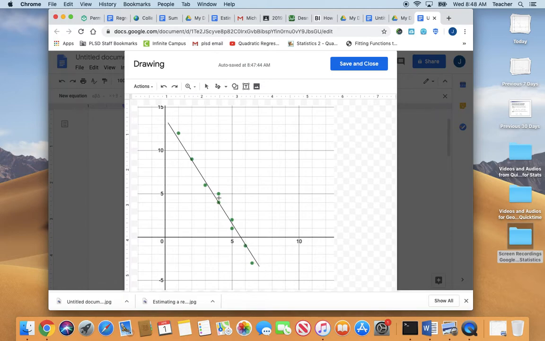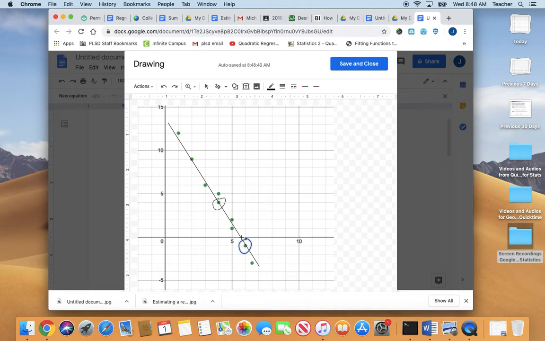So for example, this point. This happens to be a point that's also on the scatter plot, but it doesn't have to be. That point is easy to find the coordinates of: 4, 4. And it looks like the line goes through this point too, and that's also pretty easy to find the coordinates of: 6, -1.